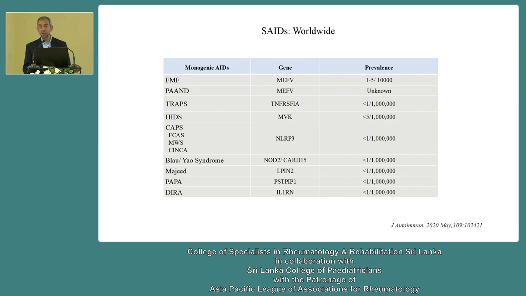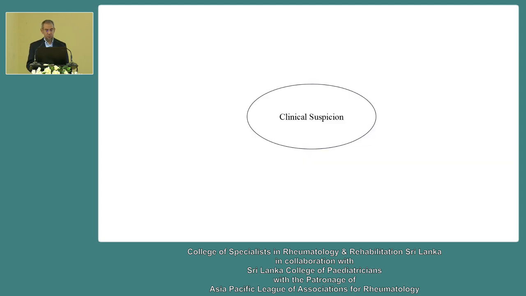In a busy clinic in a tertiary hospital, they may have such cases, but in a general hospital, probably they will miss it, or they don't get enough referrals because the general pediatrician or family medicine doctor will not consider it as a differential diagnosis. So the key here is clinical suspicion. All the time you need to have a high index of suspicion, otherwise you will miss the case.